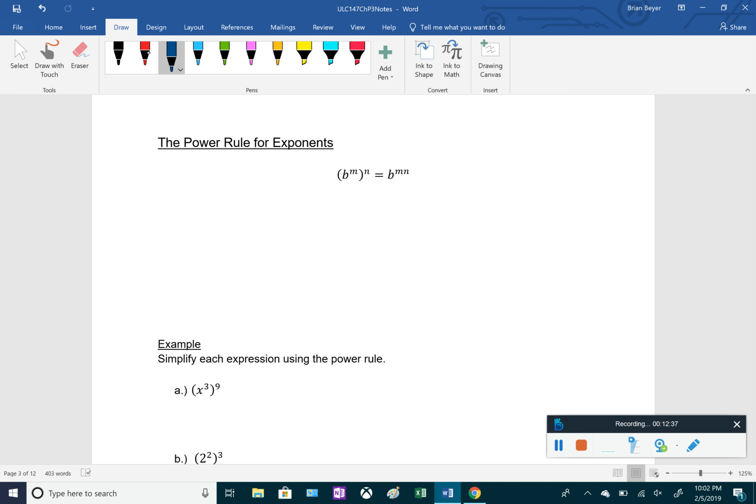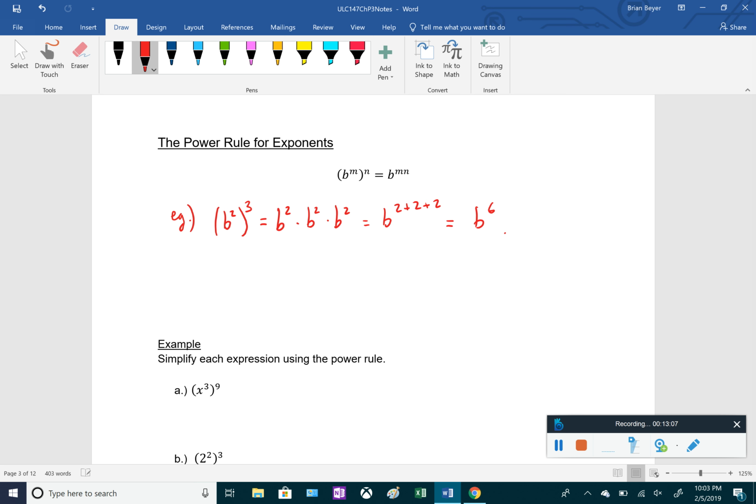So what I like to say here is, if you have a power raised to a power, you multiply them. So for example, let's say we have b squared and then cubed. If we were to expand this, this would be b squared 3 times, right? Based on the first rule, the product rule, this would be b raised to the 2 plus 2 plus 2, adding all the exponents, which is b to the 6th.